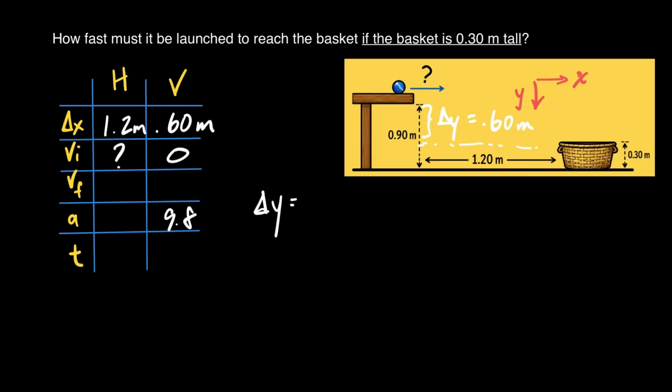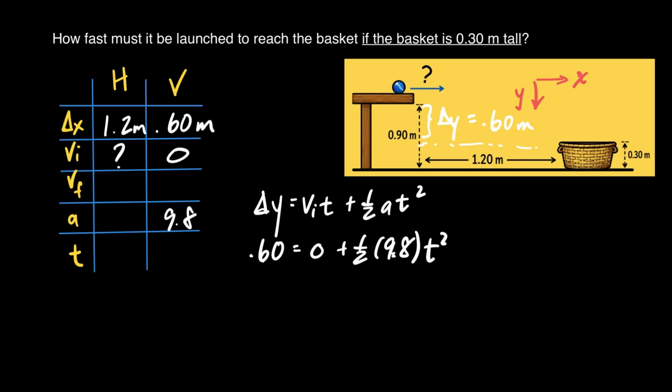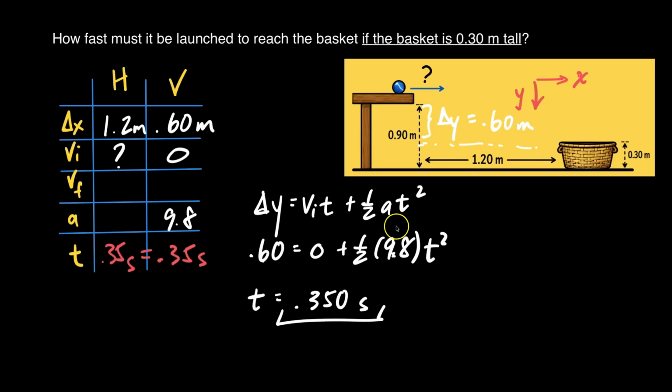Next, we're going to use our kinematic equation. Notice the pattern here when we solve these problems. A lot of times we're looking for the time, and a lot of times you're going to use the same kind of equations for these. So as you work through more of these, notice the patterns. So we're using delta y equals v_i t plus 1/2 a t squared. Plugging in the numbers, we get 0.60 is equal to 0 plus 1/2 times 9.8 times t squared.